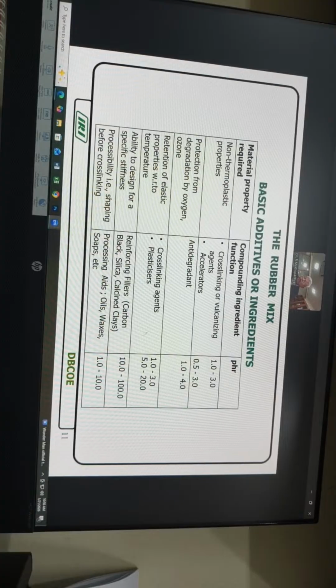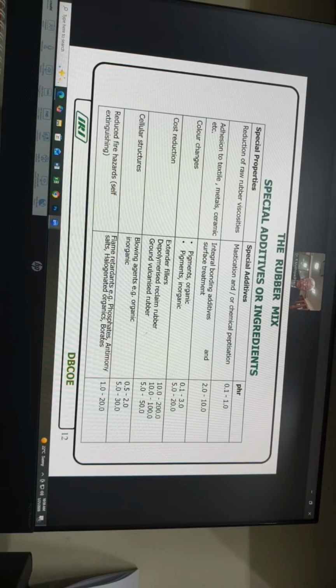Dosage depends on the ingredient, as all of you are aware. That is cross-linking agents, then anti-degradants, with different doses depending on the type of product you are making the compound for.